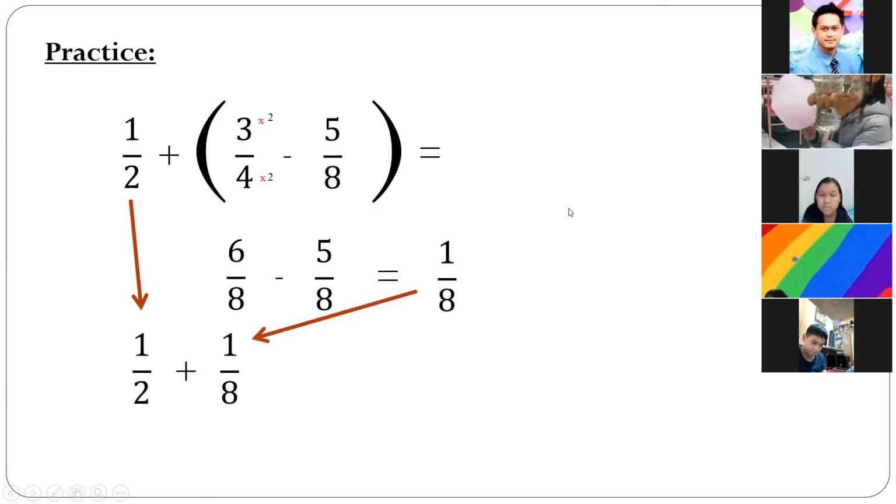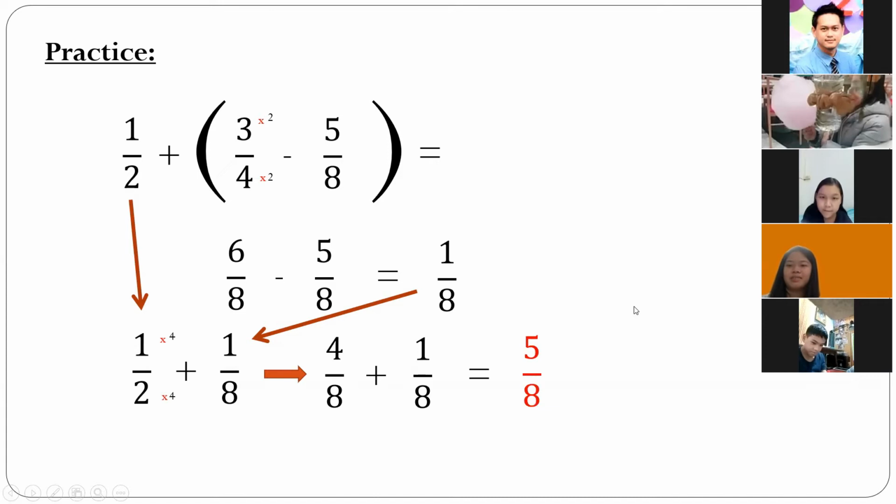Can we do it? No. So we will find again a common denominator. We will multiply by 4. So it will become 4/8 plus 1/8 equals 5/8. Is this your answer?